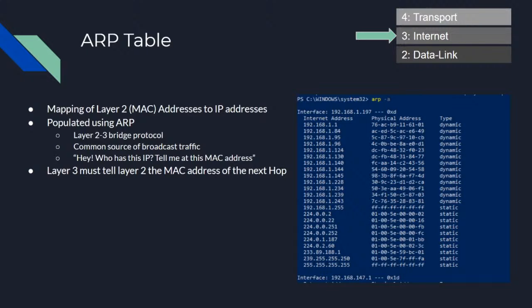My MAC address is this." And then that will go into this routing table. This allows layer 3 to tell layer 2, "Okay, this is my next hop. Just send this data to this MAC address." So that is how layer 2 and 3 can talk together.